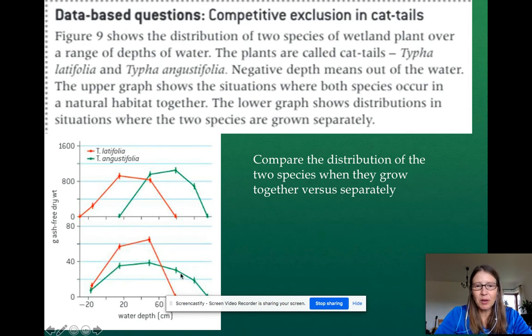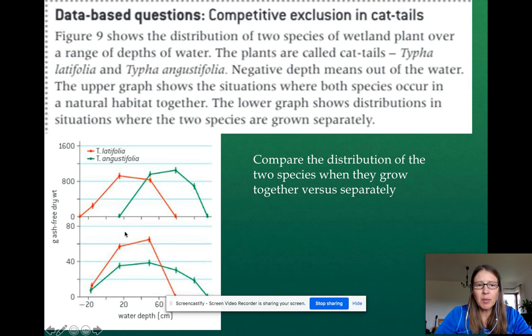So here is our fundamental niche, especially for angustifolia. But when you raise the angustifolia with the other species, with the latifolia, notice how much its niche starts to narrow, and it's starting to specialize more in the greater depths. Whereas the latifolia seems to do pretty well.